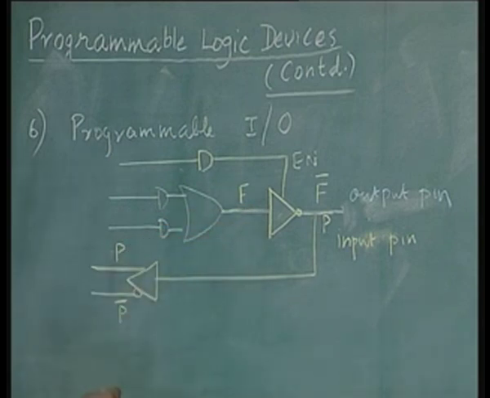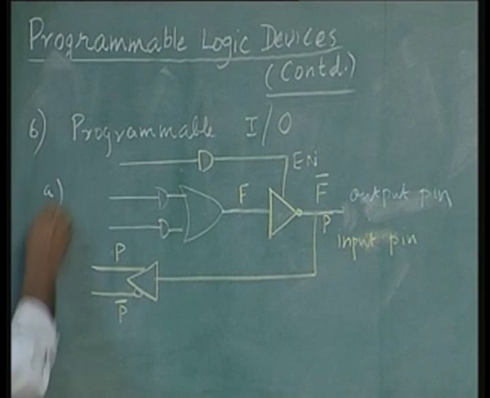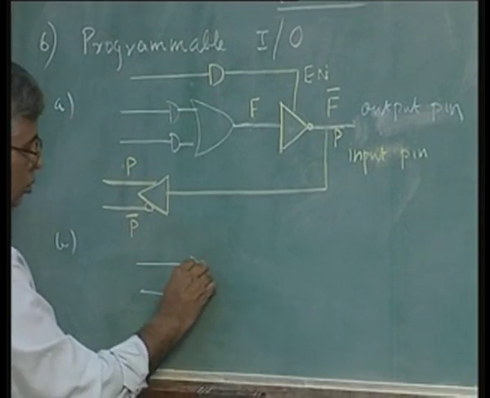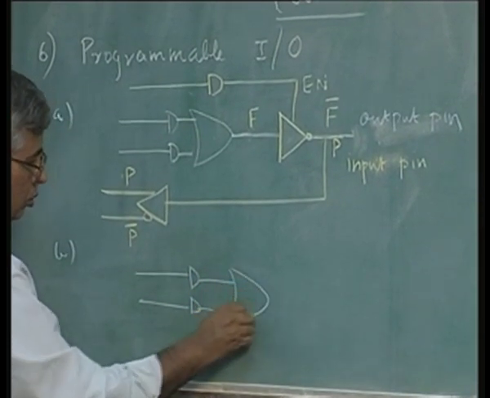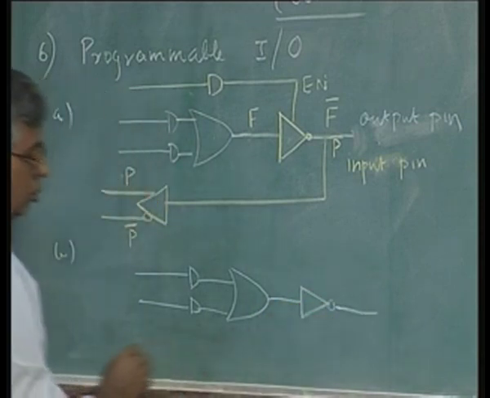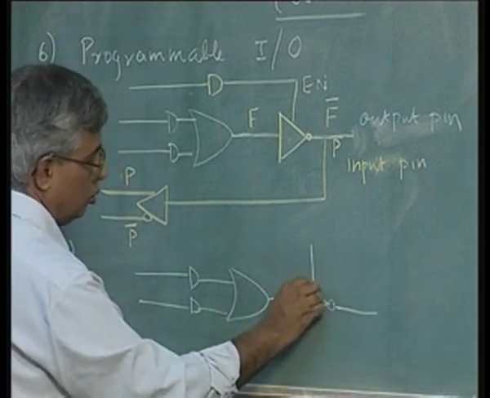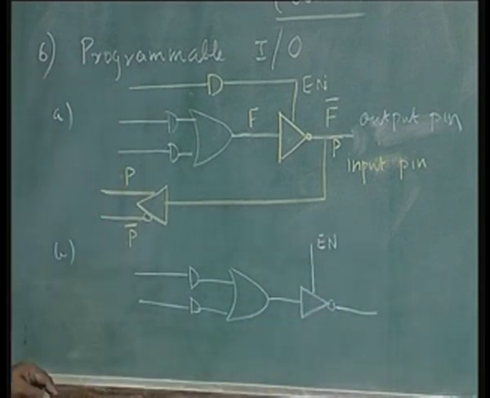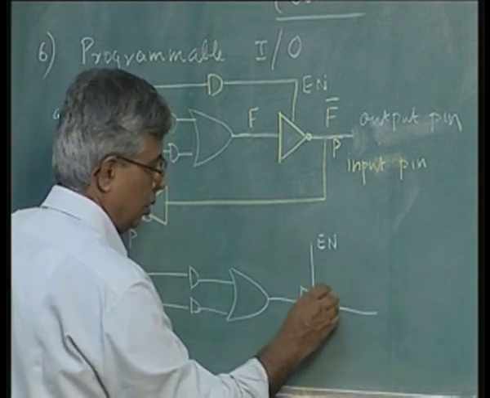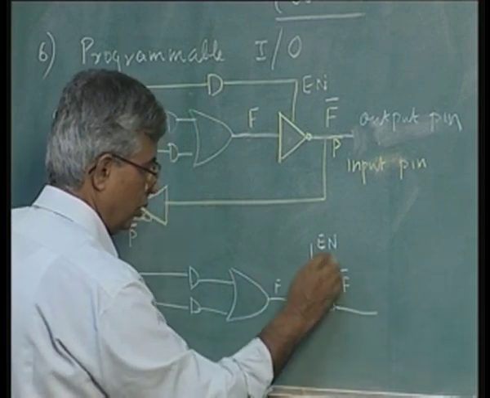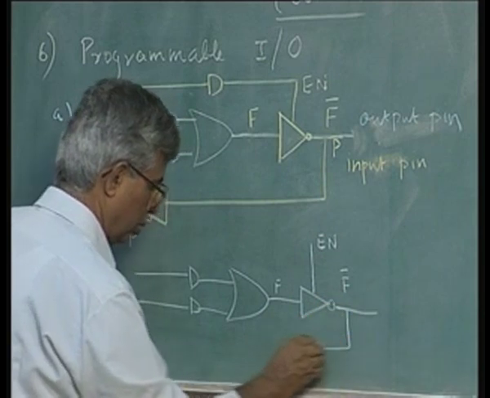So, this can be simplified to another variation where this can be an extra pin in your drawing, and I can enable this by this. If enable is 1, the output is connected to this. If enable is 0, this is connected as an input.